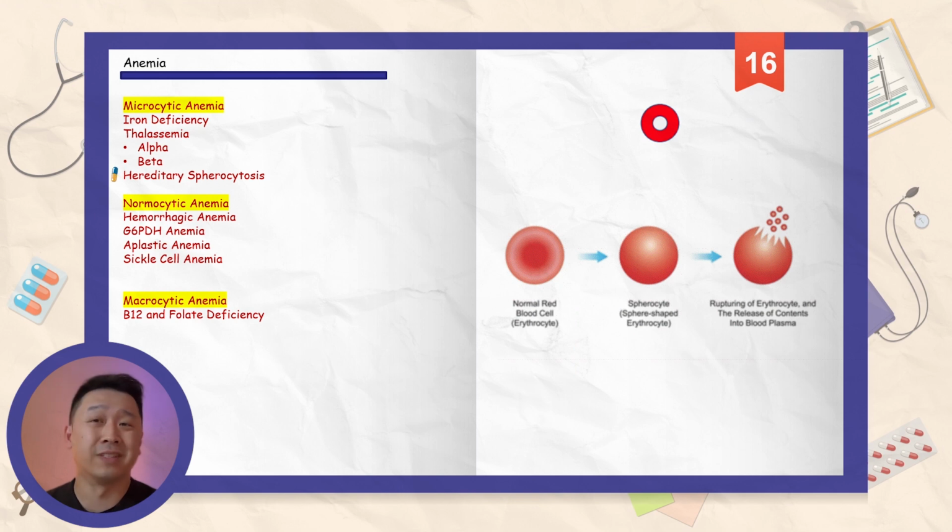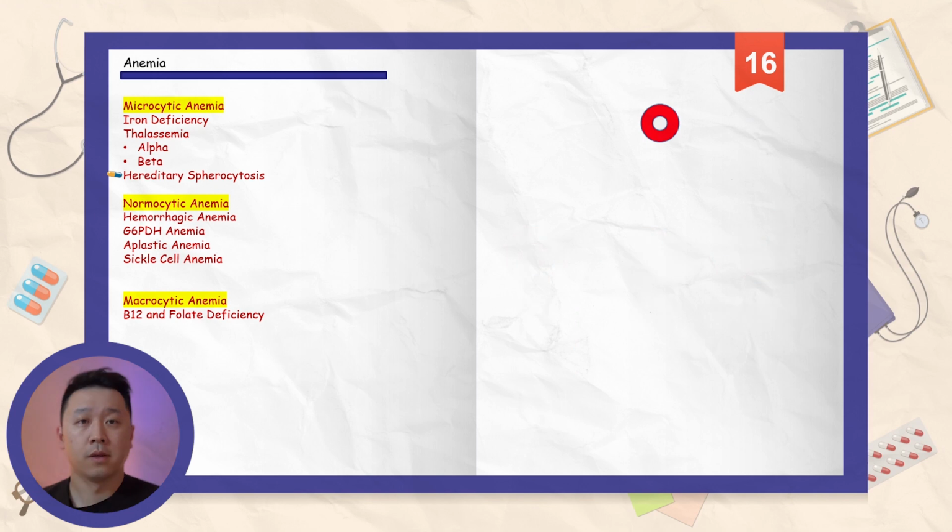These proteins are known as ankyrin, spectrin, as well as band 3 proteins. As a result of the lack of membrane proteins in the red blood cells, they tend to form a spherical shape. The red blood cell cannot maintain its biconcave disc shape, which makes it harder to travel into narrow blood vessels, and they're more prone to be destroyed by the spleen.